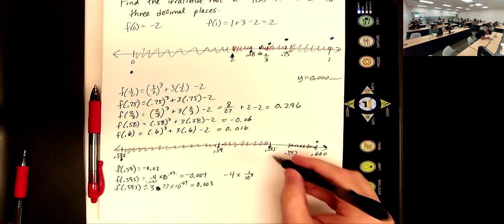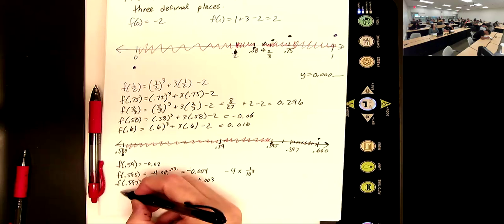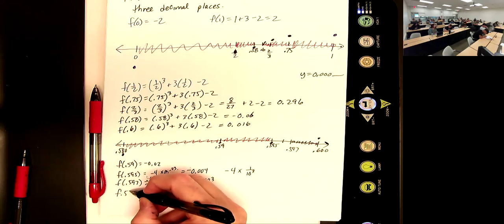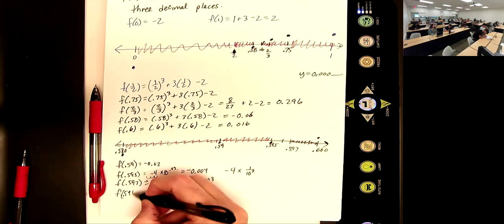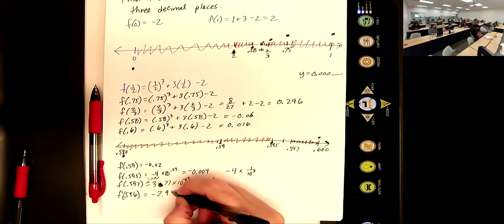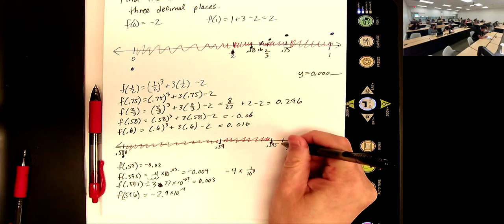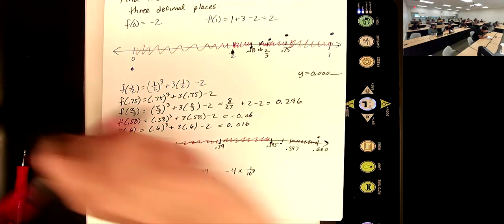Okay, so like, let's try 0.596. We're gonna see which one it's between. We're almost done. This is negative 2.9 times 10 to the -4. That's a negative, so we're crossing off that one.